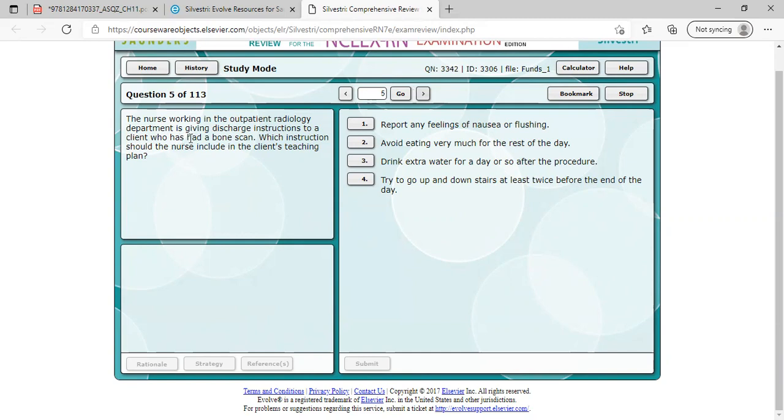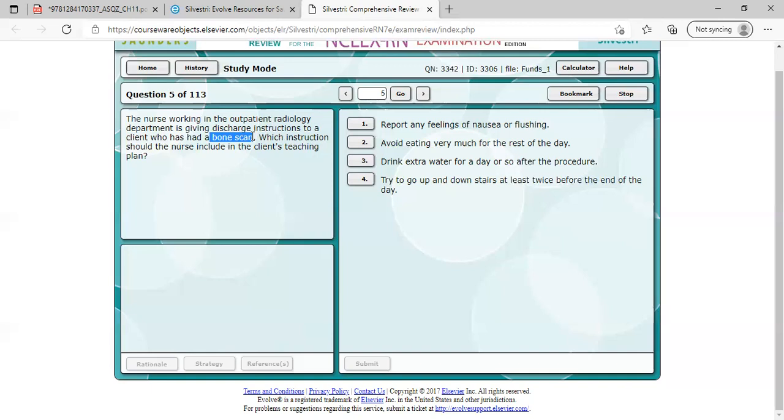So the test is a bone scan, right? So before any test, if any patient needs to drink any dye or have dye put through the blood, we always tell our patient to drink enough fluid.